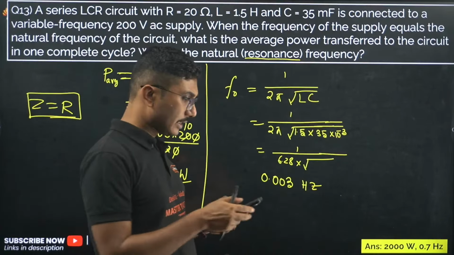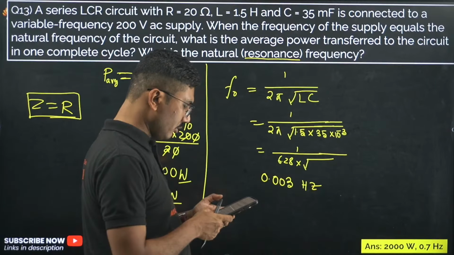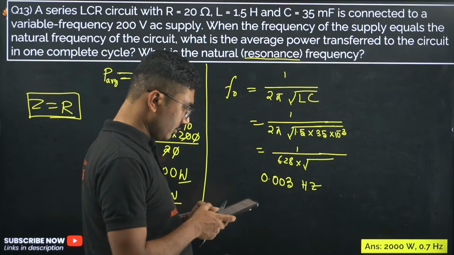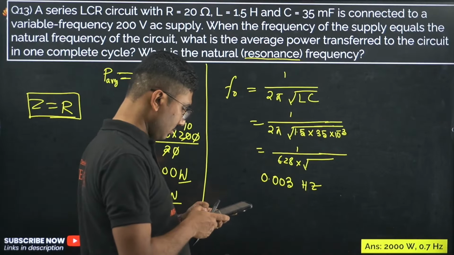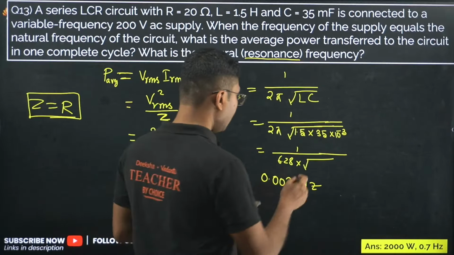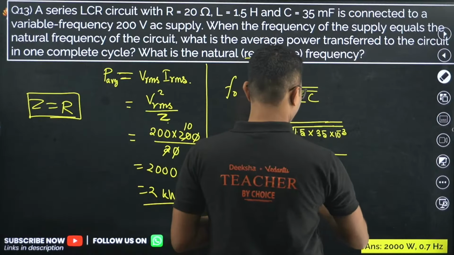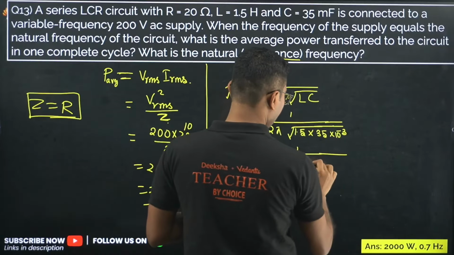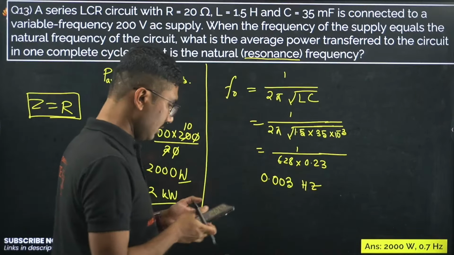Ten to the power of minus 3, you can make it as 0.001. So here you will get this value, 0.23.